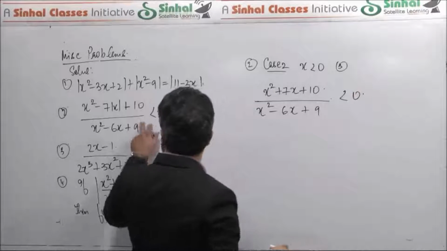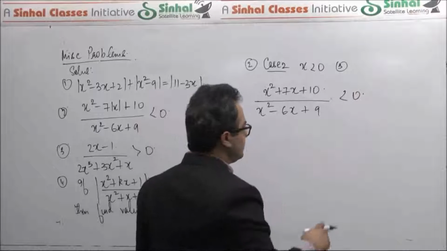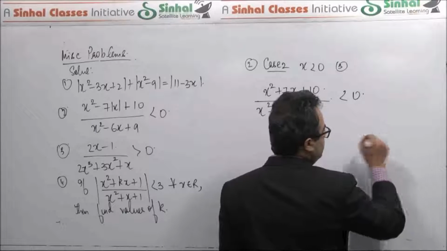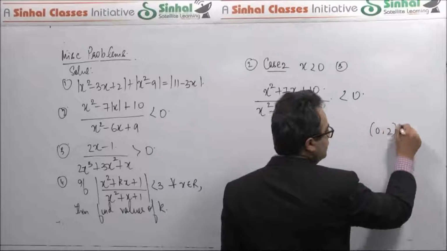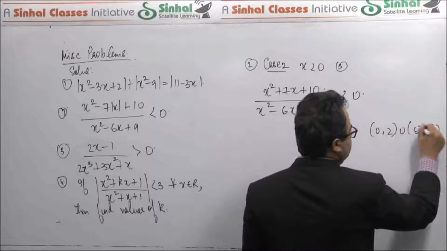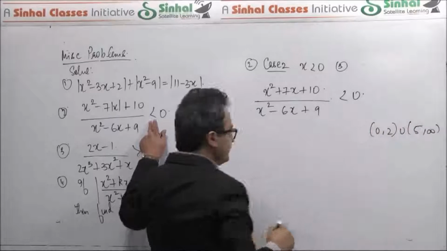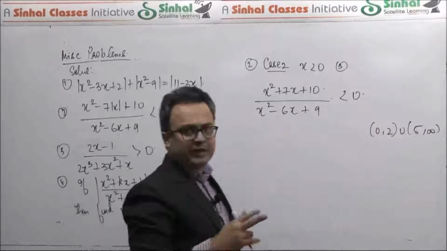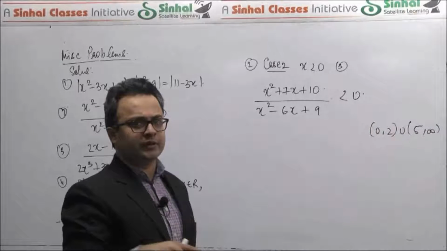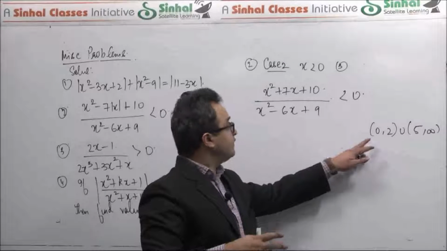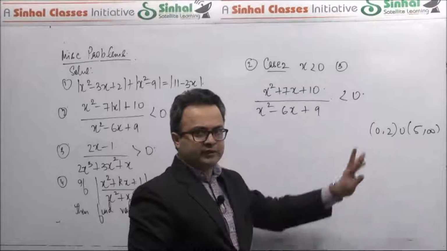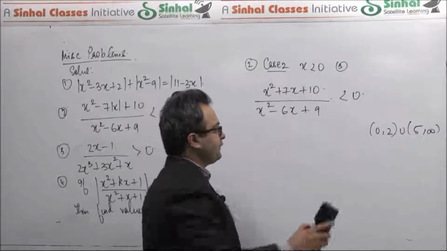I'm sorry, since the question is strictly less than 0, the previous answer should have been 0 to 2 union 5 to infinity. Since there is a strictly less than 0 over here, you will have to exclude the critical points corresponding to the numerator. So the answer for the first case should be 0 to 2 union 5 to infinity.